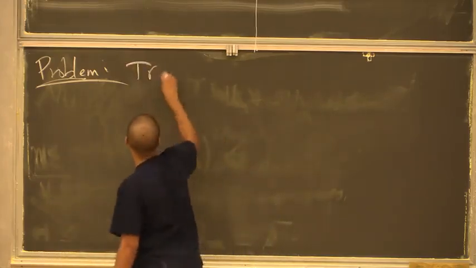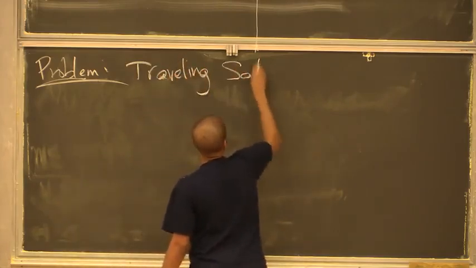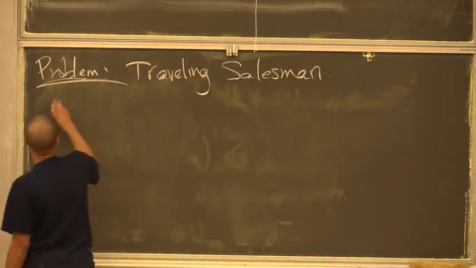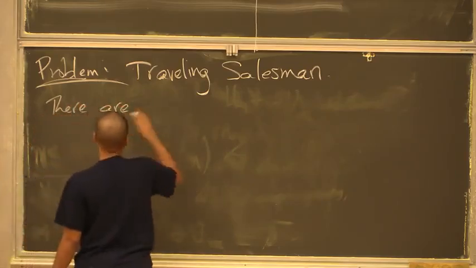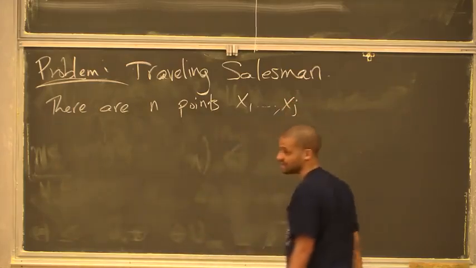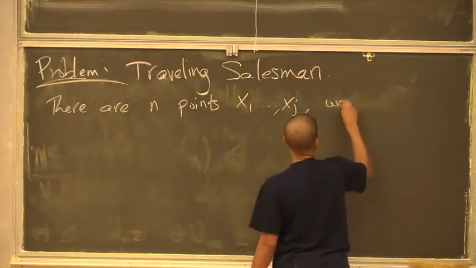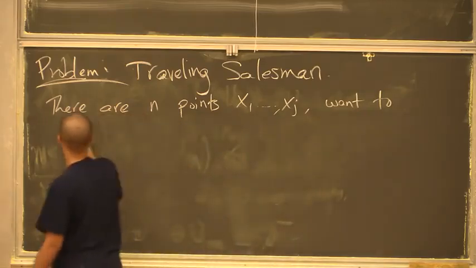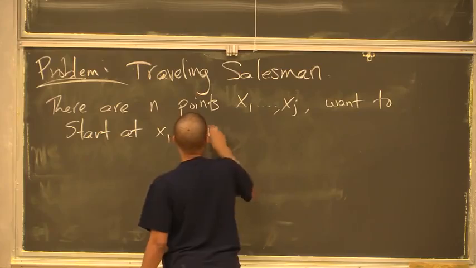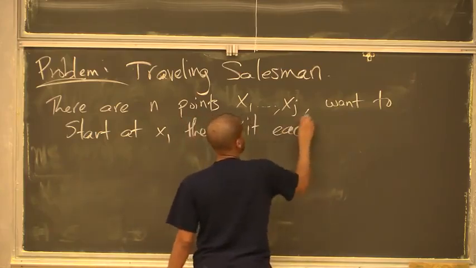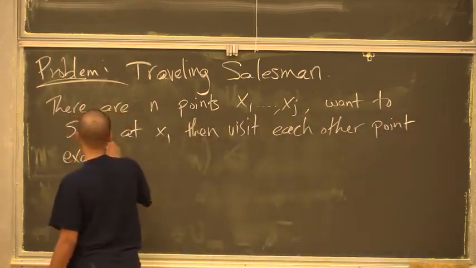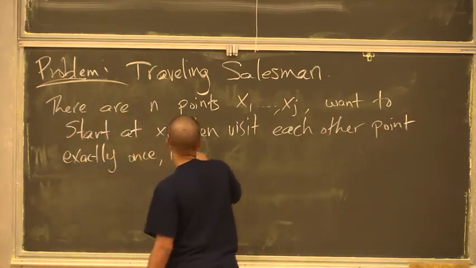So the other problem is the traveling salesman problem. Here, there are endpoints x1 up to xn, and I want to start at point 1, then visit each other point exactly once in any order.